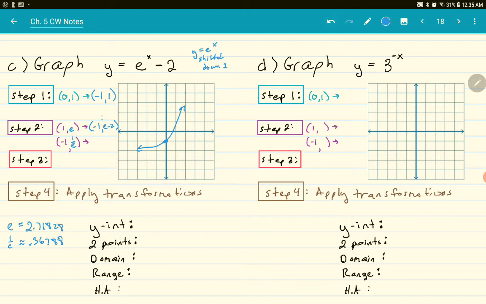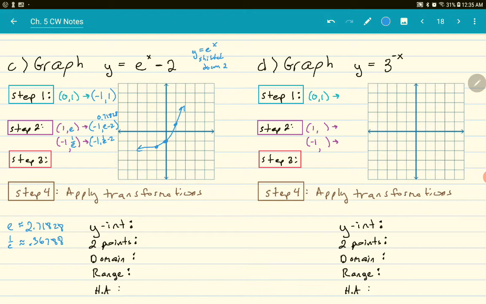So that's approximately 0.71828. So you can see that one's crossing right there now instead of at the 2.7. And then 1 over e, that used to cross at the 0.36788, but that went down 2. So we do 1 over e minus 2. So that crosses right here now.